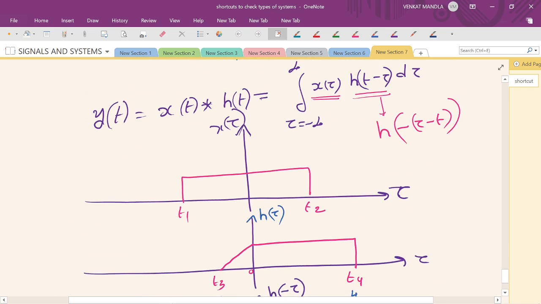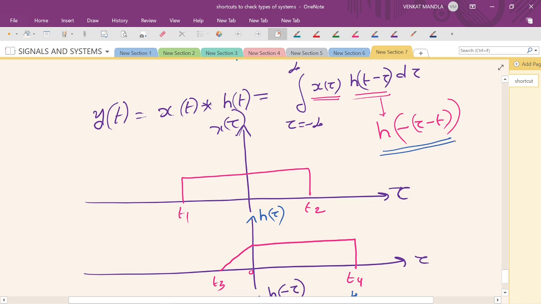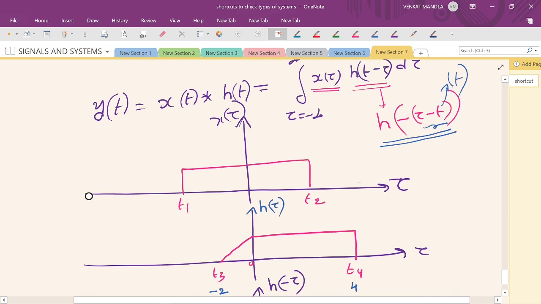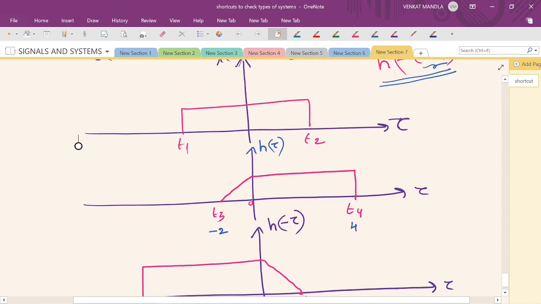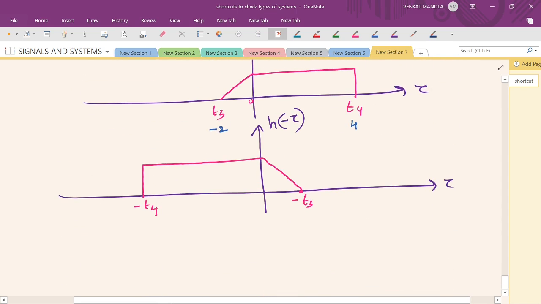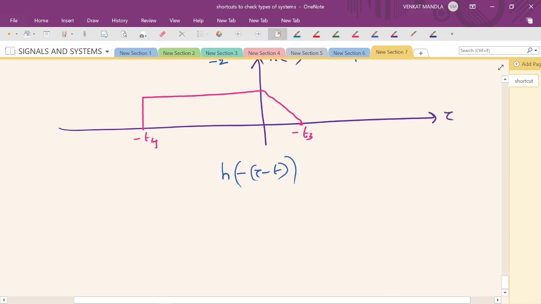And then what I have to do? H of minus tau I got, and then I have to apply a delay, tau minus t. This is small t delay. If small t is positive, we want to apply h of minus tau minus t. If t is positive, let us say t equal to plus 2, then h of minus tau minus 2, right?